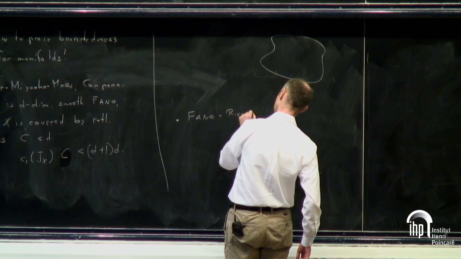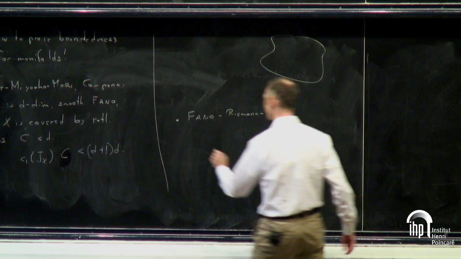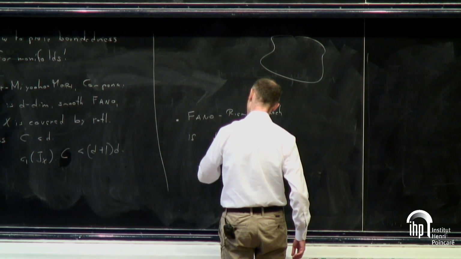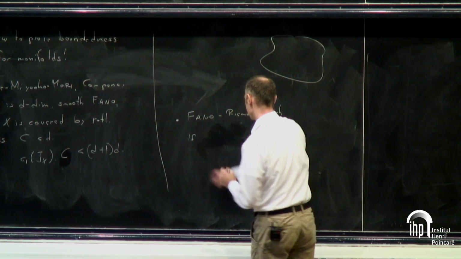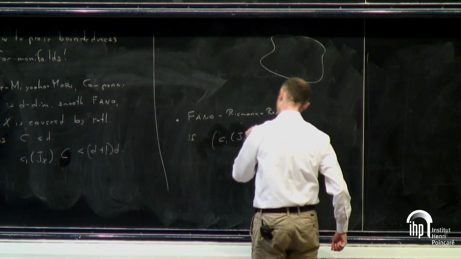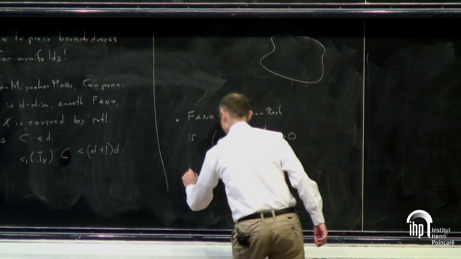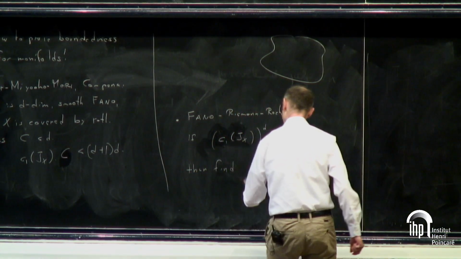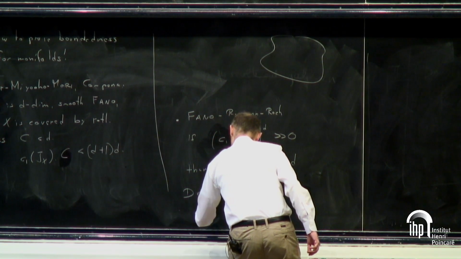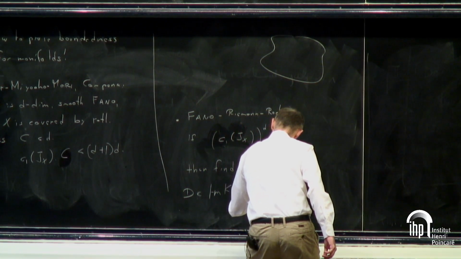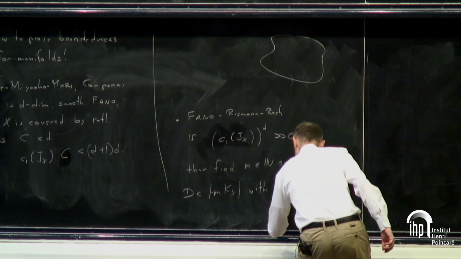He basically says that if the top intersection of, I should write, the first Chern class of the tangent bundle, is large, then I find a number m and a divisor D inside minus mK_X with a point of high multiplicity.